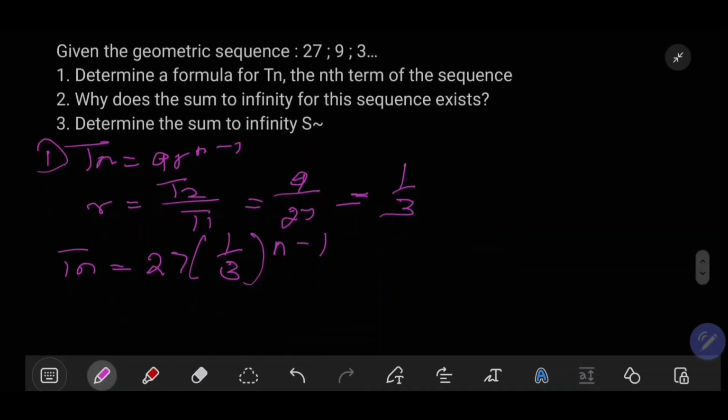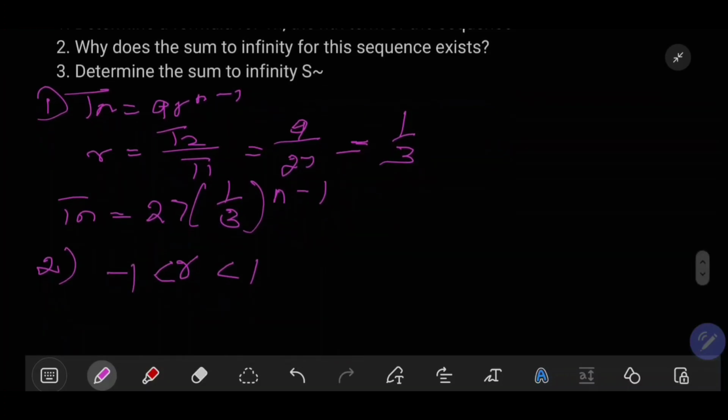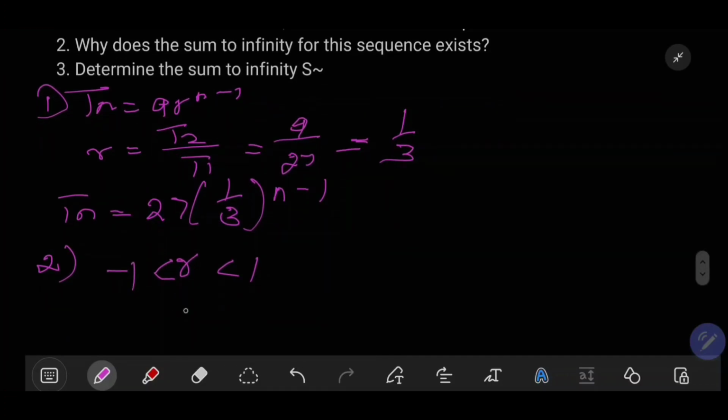Here we don't write English, we write maths. The sum to infinity exists because r lies between -1 and 1, and your r value in this case is 1 over 3, so 1 over 3 lies between -1 and 1. This is your explanation in a mathematical way.